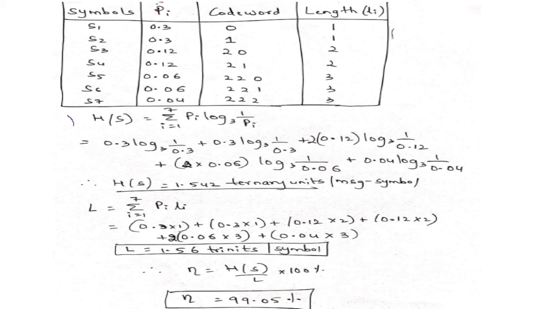So in order to compute efficiency, we need to compute entropy and average code word length. So we have 7 symbols. So summation limit is 1 to 7, probability log of 1 by probability, and the base is 3 since it is ternary algorithm. If it is binary, it will be 2. If it is quaternary, it will be 4. Since it is ternary, it is 3. So 0.3 log 1 by 0.3 to the base 3.